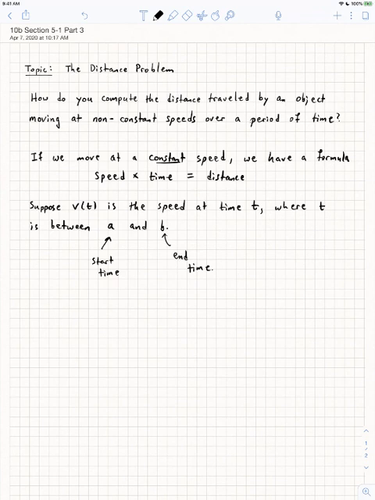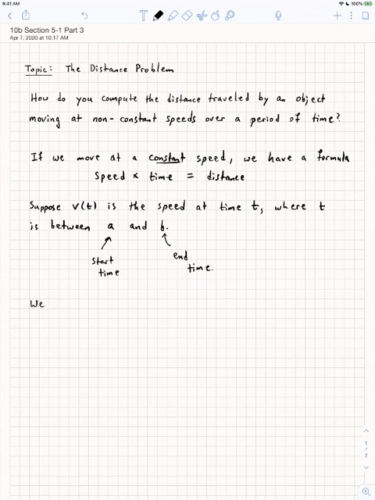Well, we can approximate it by looking at small intervals of time and imagining that our velocity or our speed at any one given interval of time is approximately constant. Well, let's write that down.